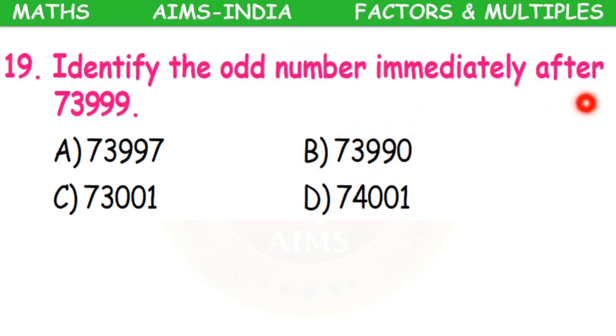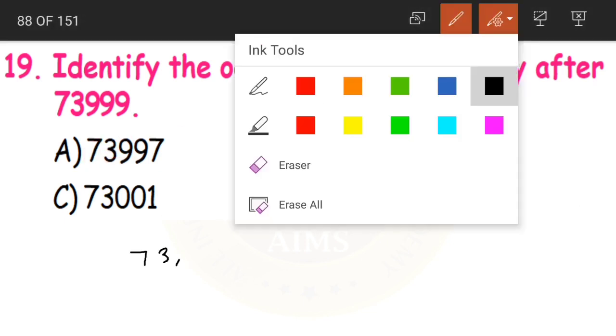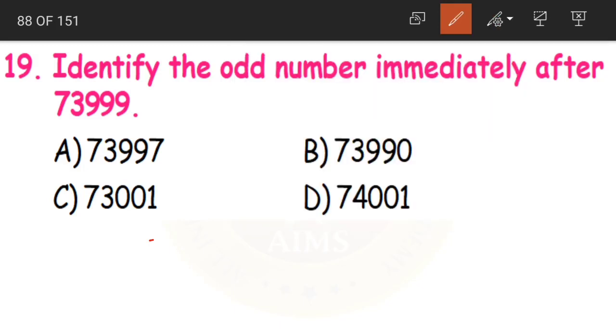Identify the odd number immediately after 73,999. Now if you look at the number line, or just simply the order of the numbers, we have 73,999. Then we have 74,000. Then comes 74,001.